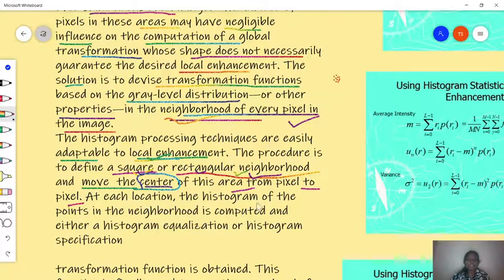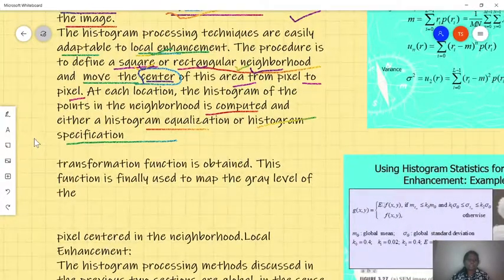At each location, the histogram of the points in the neighborhood is computed, and we apply either a histogram equalization or a histogram specification after taking the center and collecting neighborhood operations by using square or rectangular.